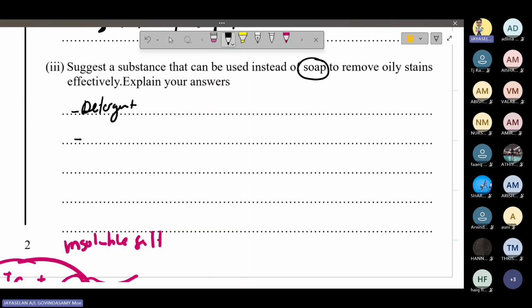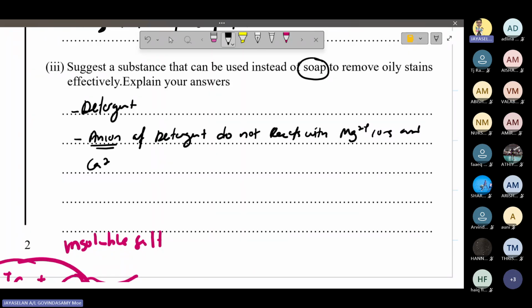Then you put why you can use detergent, because of the anion. Please use anion: the anion of detergent does not react with magnesium ions and calcium ions. You already score 1 mark.